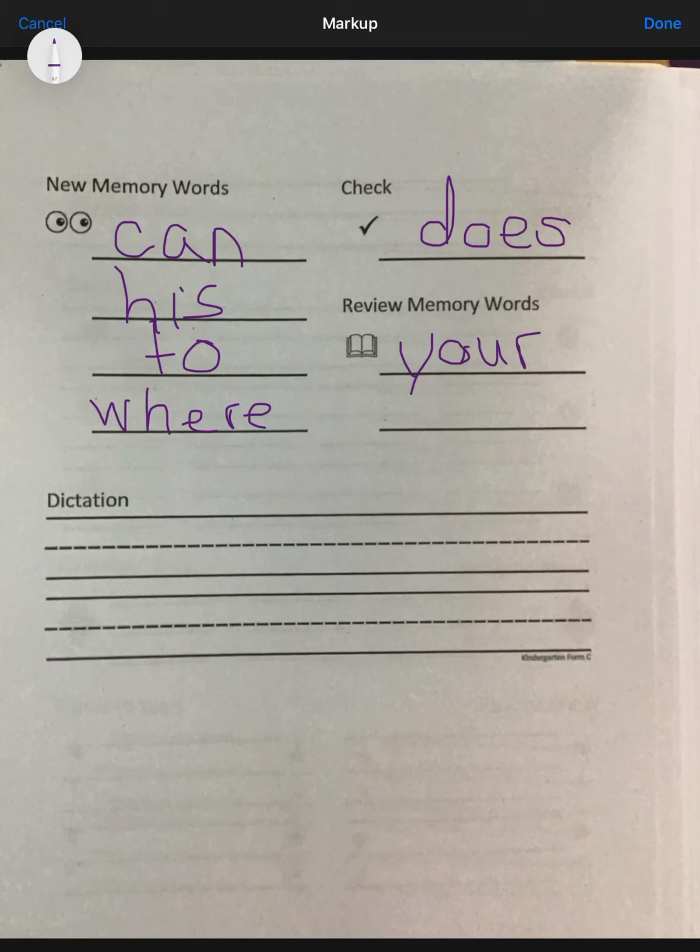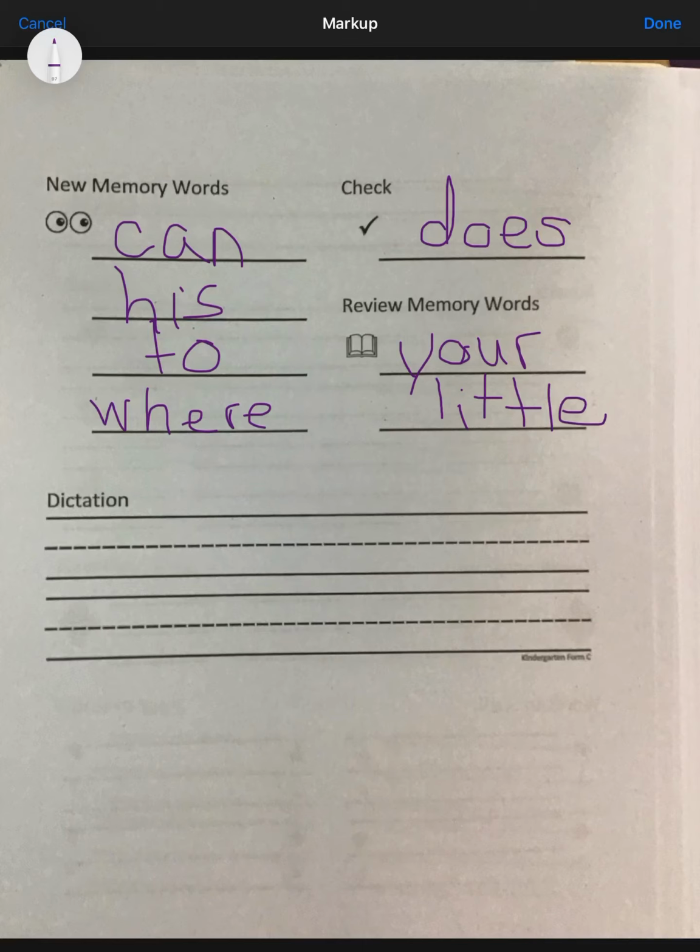And my last word for today is the word little. Little. I can picture how that word looks in my mind. And now I can think about how to write it. L-I-T-T-L-E. A little.